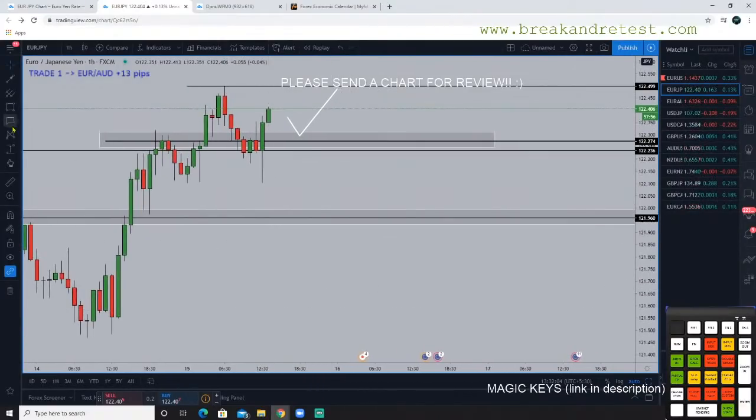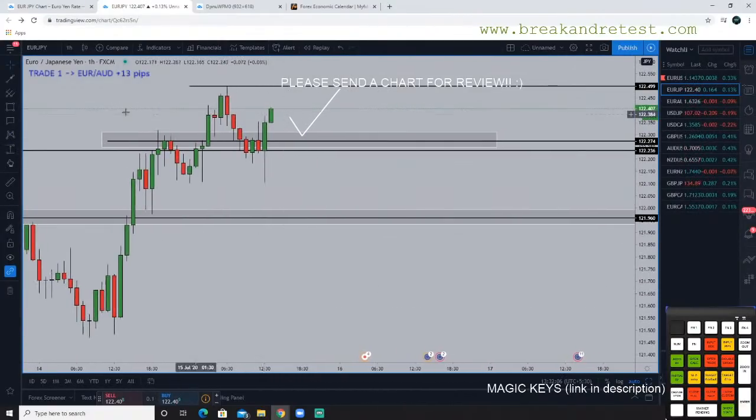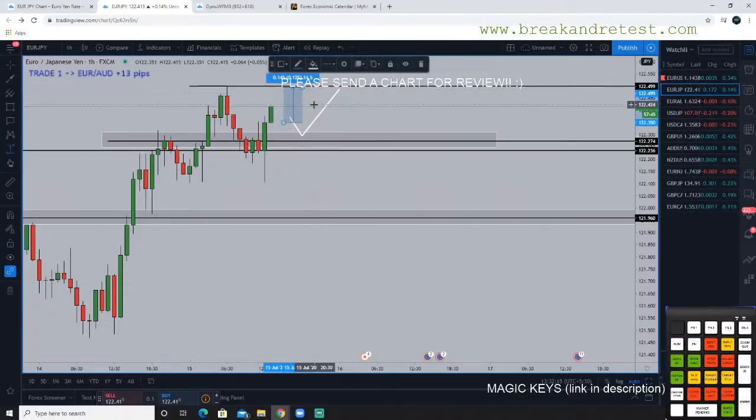EJ, let's see. EJ already pushed how many pips? Not too much, 6 pips, but the next target is almost there, and we wanted a retest before this move, and it didn't give us the retest. And that's the bad thing here.